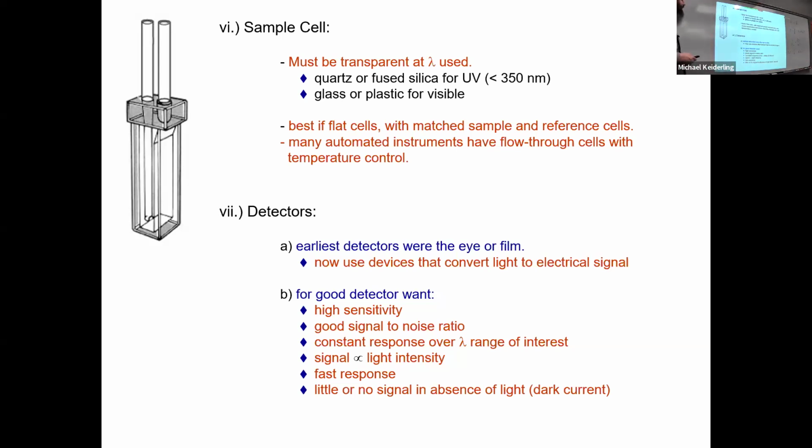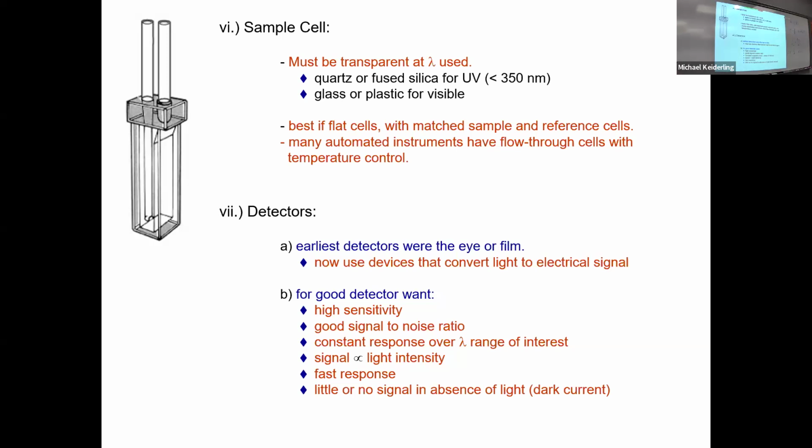It's best if cells are flat with both matched, sample and reference cells. So the idea is to keep b the same. And many automated instruments will have flow-through cells with temperature control and other factors.